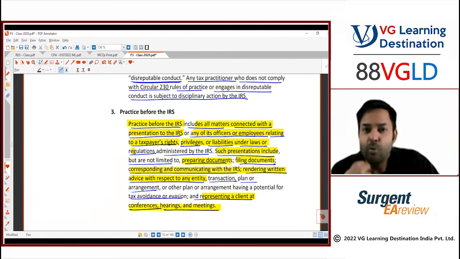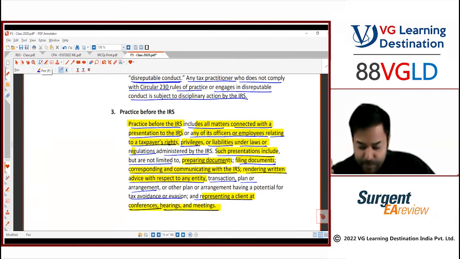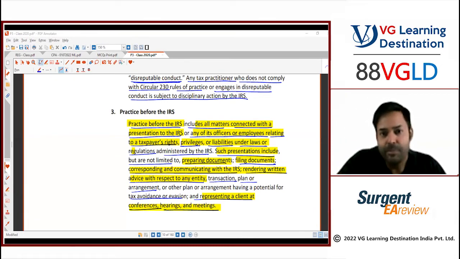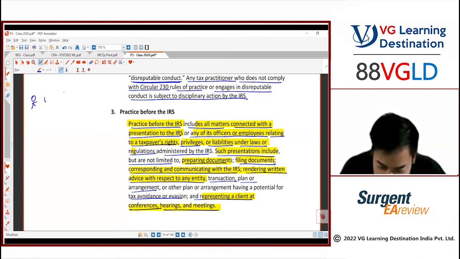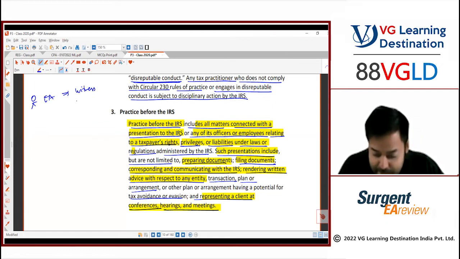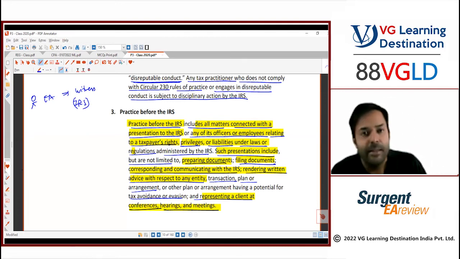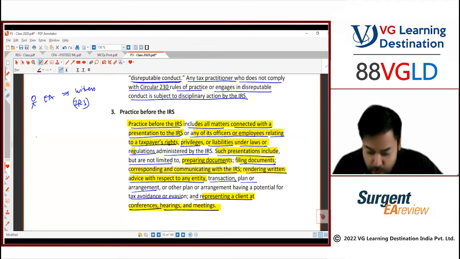Can the EA, if the EA is presenting himself as a witness in any case, so let's say the EA is appearing in front of the IRS as a witness, just going there and attending a hearing as a witness, do you think that will tend to amount to practice?